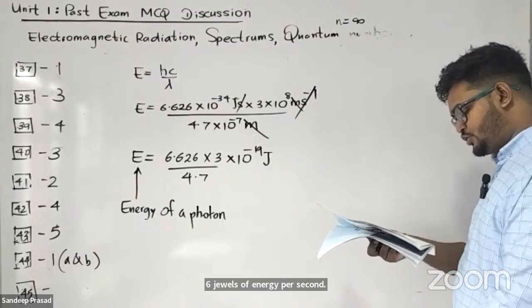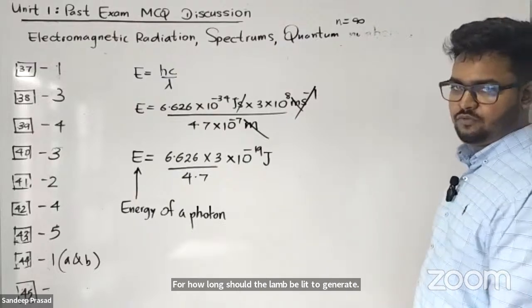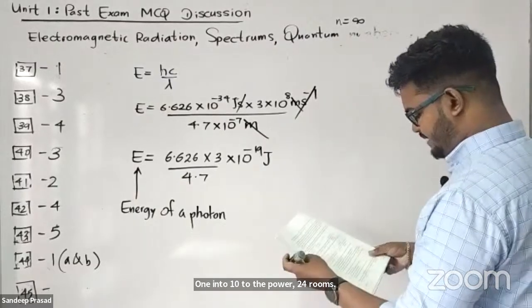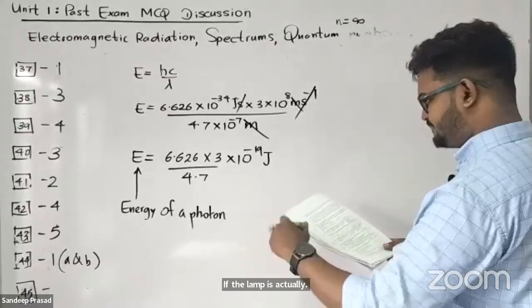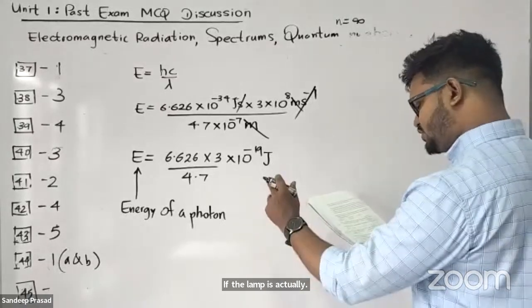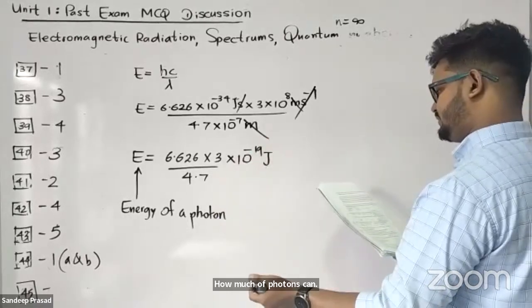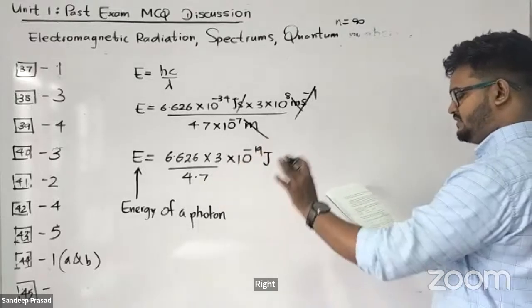For how long should the lamp be lit to generate 1 into 10 to the power 20 photons? Students, if the lamp is producing 6 joules of energy per second, how many photons can be released by that lamp? How many photons will contribute for this process within 1 second?